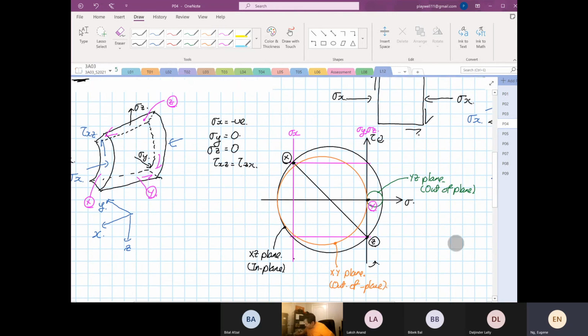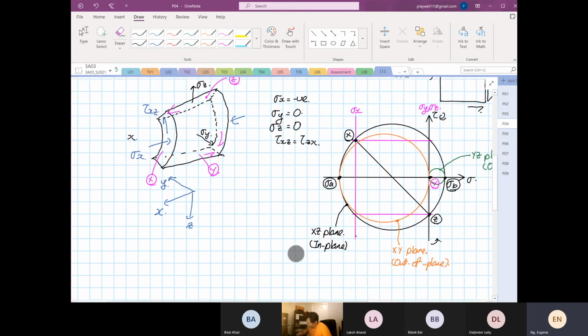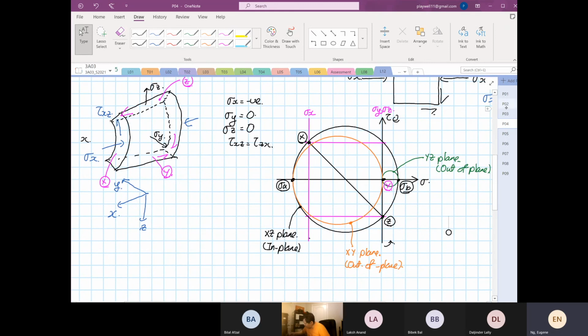So what you can see here, our in plane, we have our stress A here and our stress B here. So the condition we must use now is what?